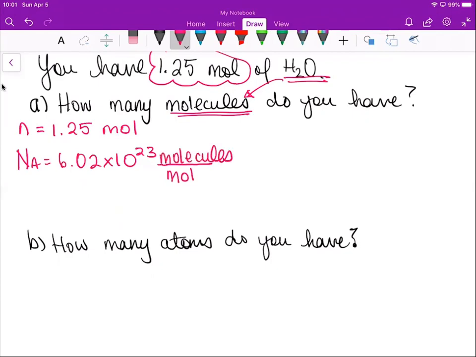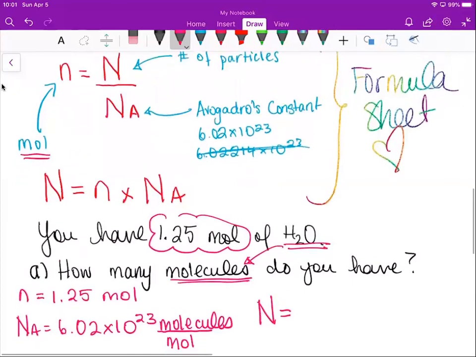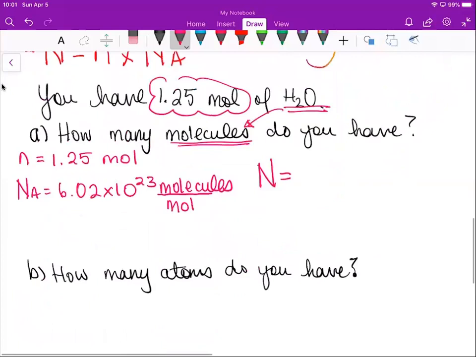Okay. So what we're trying to calculate here is big N. And if you look up here, I'm going to use this formula. N equals small n times Avogadro's constant.